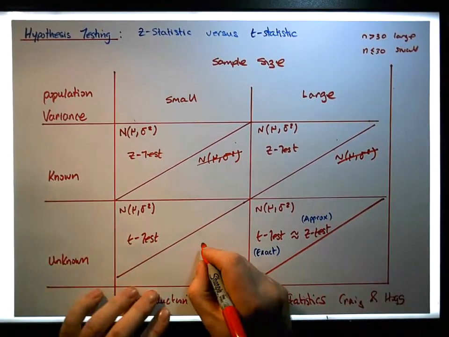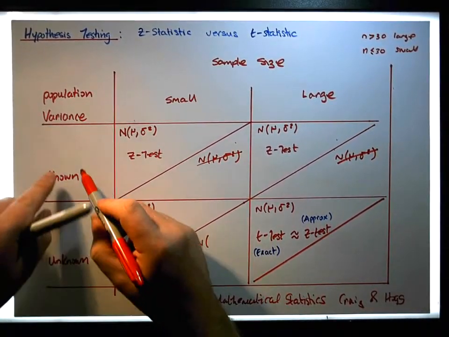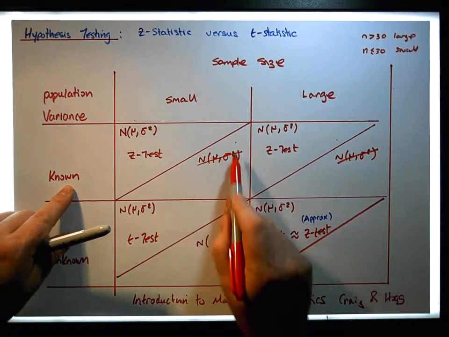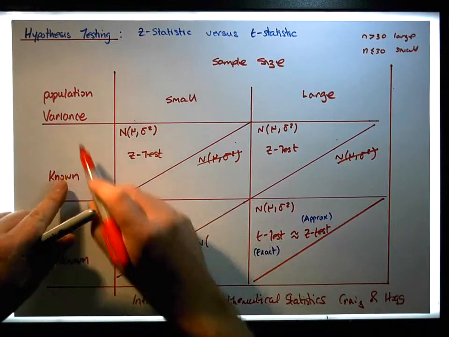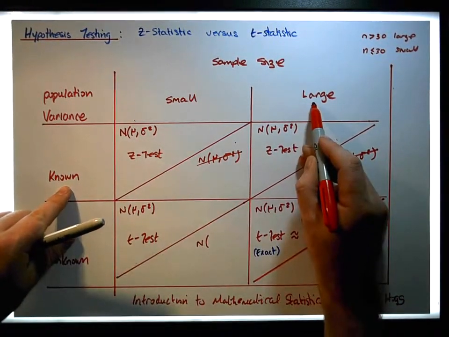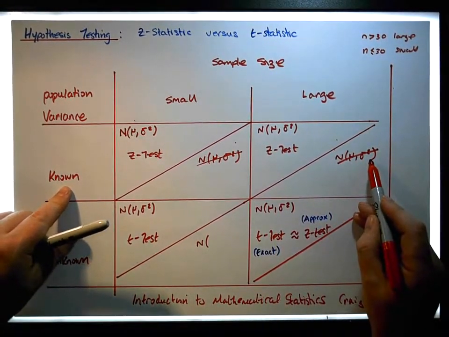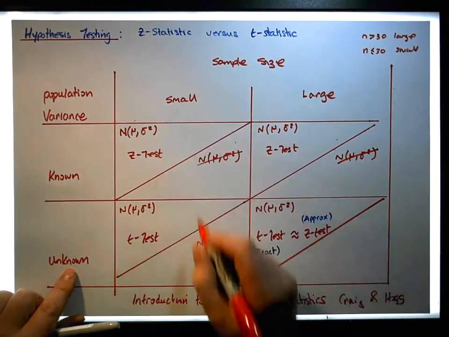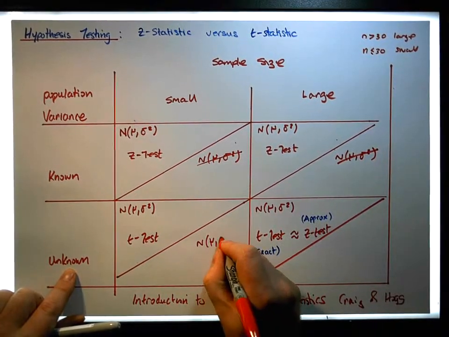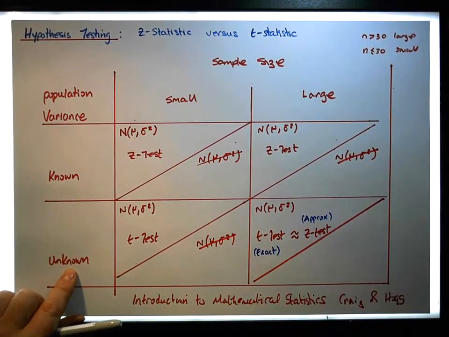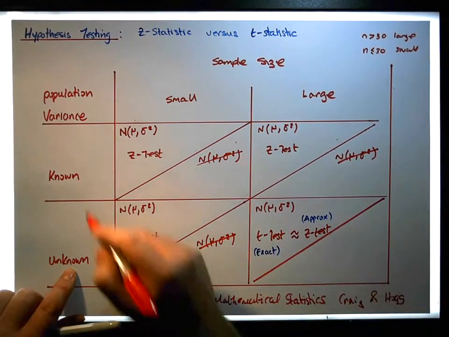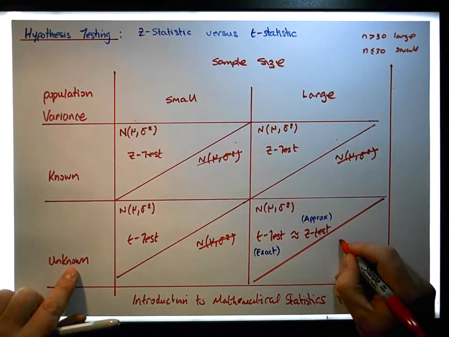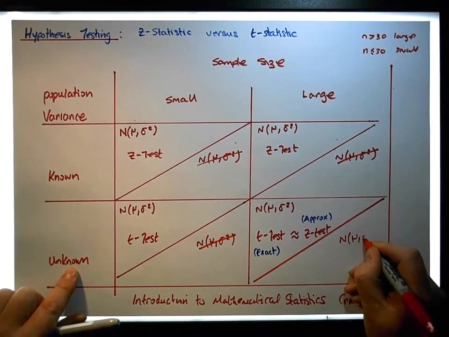We know the population variance, the sample size is small, but there's no evidence to suggest it's come from a normal distribution. We know the population variance, the sample size is large, but there's no evidence to suggest it came from a normal distribution. Also, the population variance is unknown, the sample size is small, and once again, there's no evidence of normality. And then the eighth case is that the population variance is unknown, the sample size is large, and once again, there's no evidence to suggest that it's come from a normal distribution.